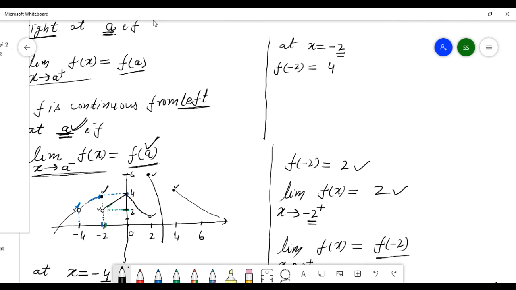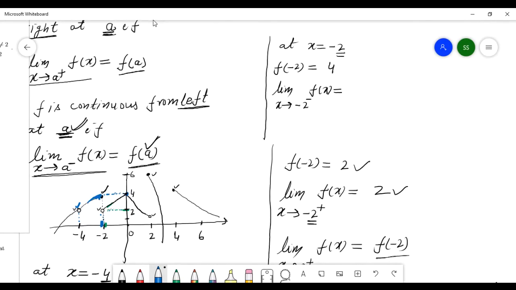Okay. And the left limit, x goes to -2 from the left, and then f(x) equal to, comes here.